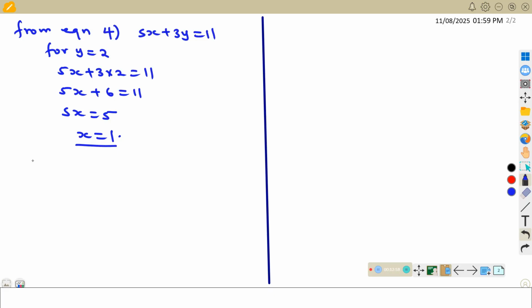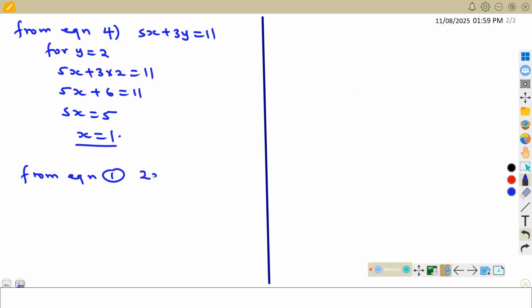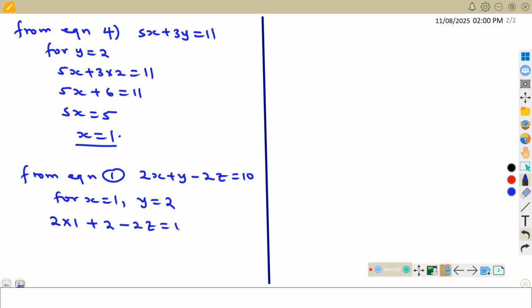Next, we need to get the value of z. So let us again consider one of the equations, for example equation 1, which is 2x plus y minus 2z, which is equal to 10. For x equaling 1, y equaling 2, let us substitute for this. 2 times 1 plus 2 minus 2z is equal to 10.